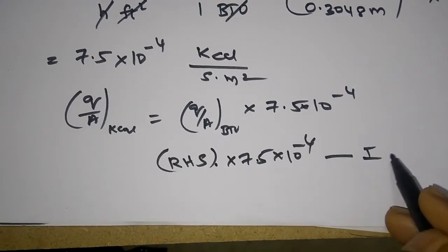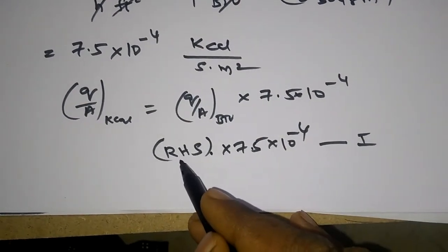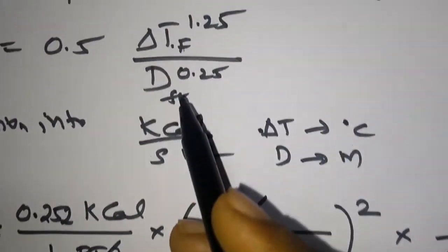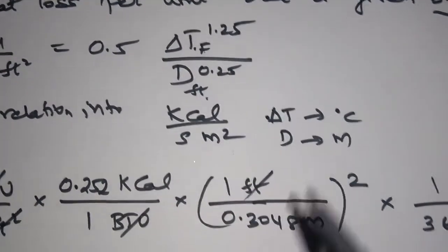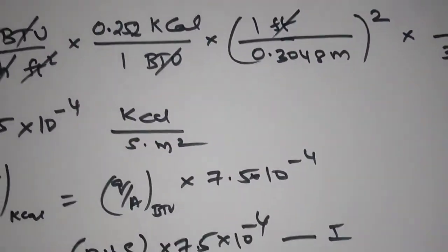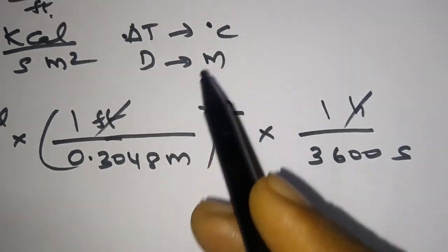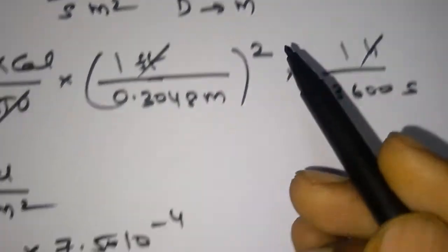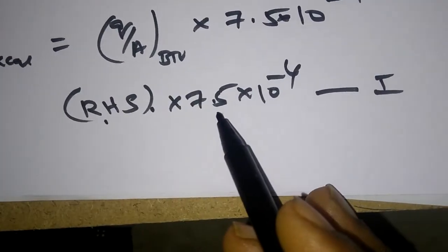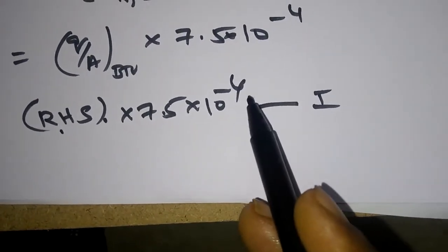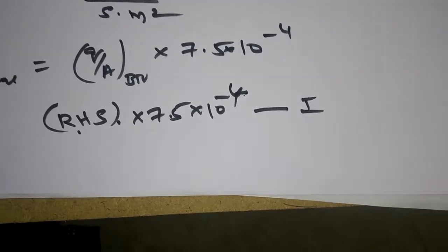Let us first convert this given RHS, this 0.5 into delta T by D, whatever raised to the corresponding power, to delta T in degree Celsius, D in meters. Then after that whatever we convert, we have to multiply by 7.5 into 10 power minus 4.